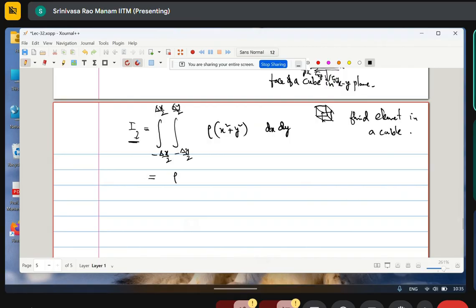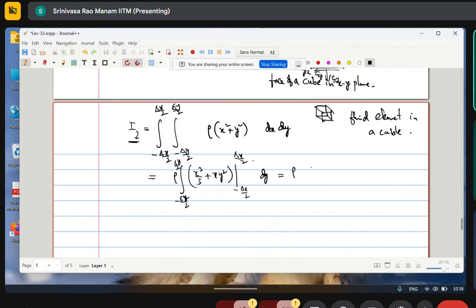So you'll get rho x cube by 3 plus x y square, from, you now substitute with x, delta x by 2, minus delta x by 2. Still you have the integral from minus delta y by 2 to delta y by 2, dy is still there. You do one more time, so you'll get finally, I am not going to do this, I think you will get it. So what do you get here?